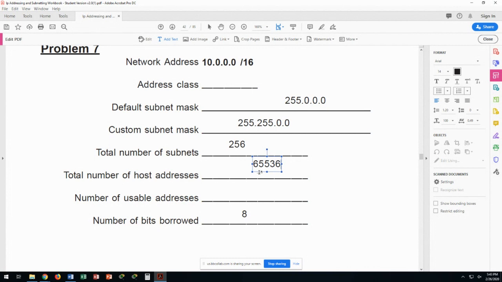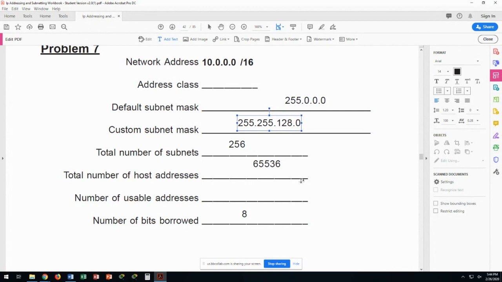So if it were /24, what would our subnet mask be? 255.255.255.0, because we take the first 24 bits. What if we had a /17? What would be our network mask? 128, because we took 1 bit off the next octet.